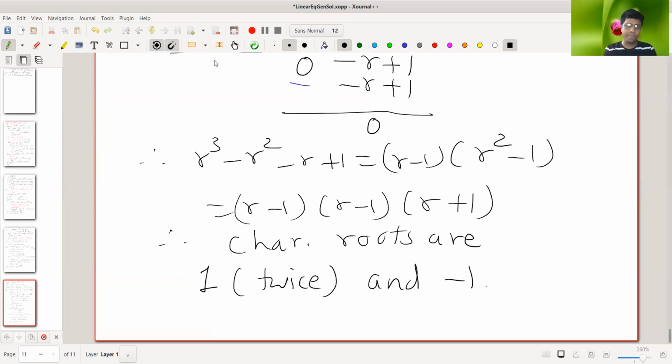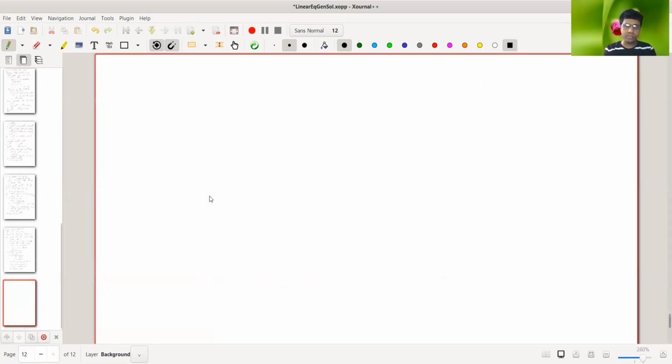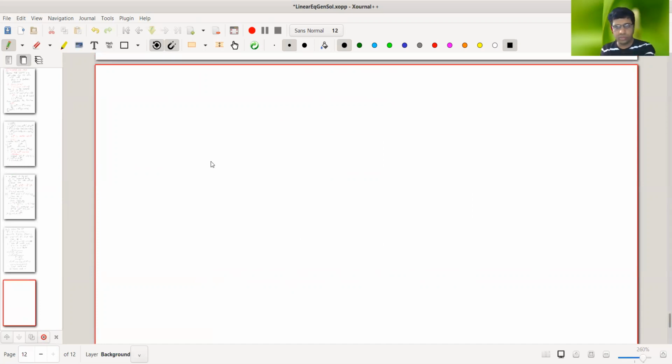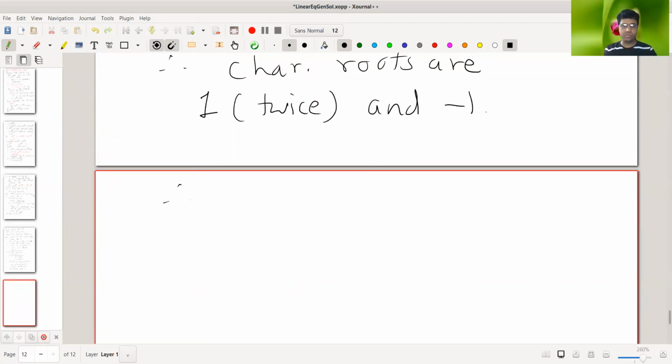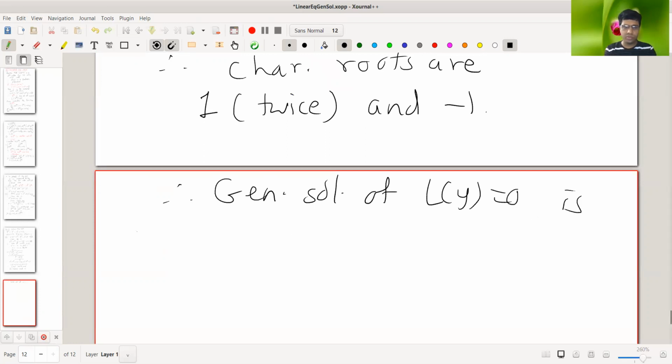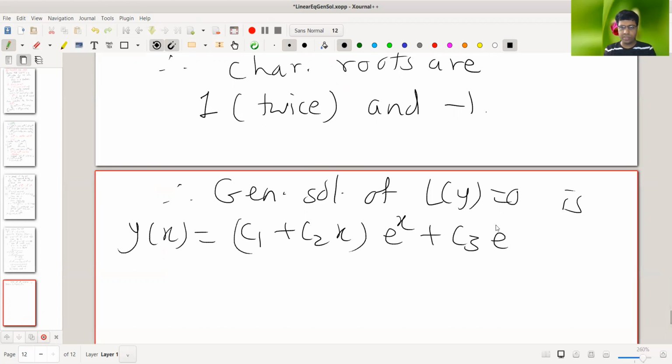Therefore the general solution of L of y equal to 0 is y of x equal to, so 1 is repeated twice, so we can write c1 plus c2x into e raised to x plus c3 e raised to minus x.